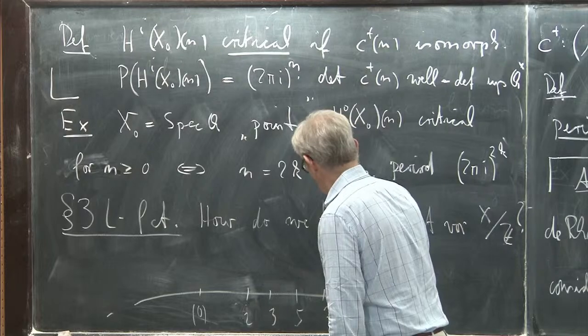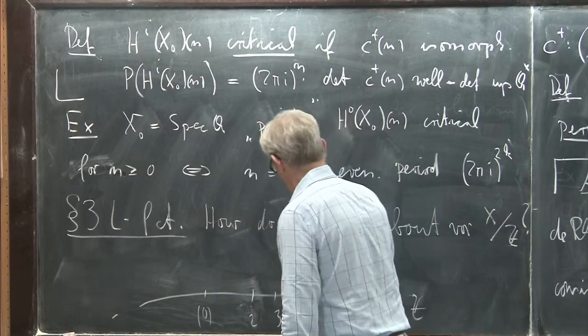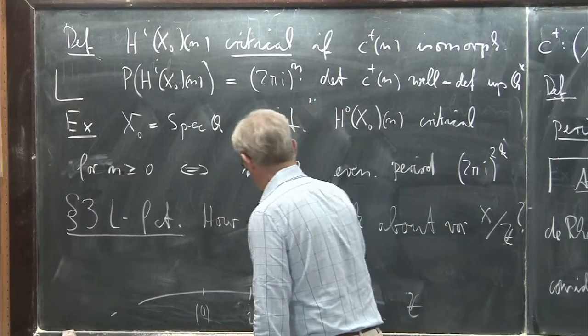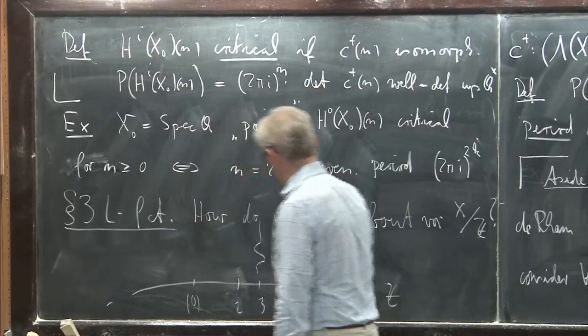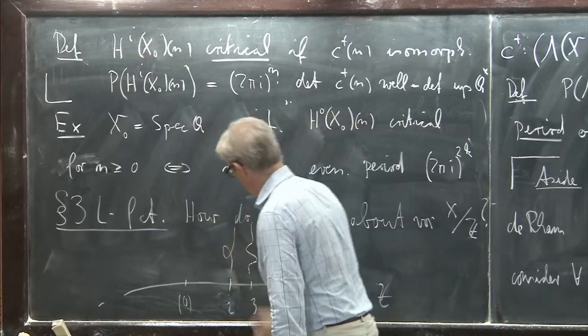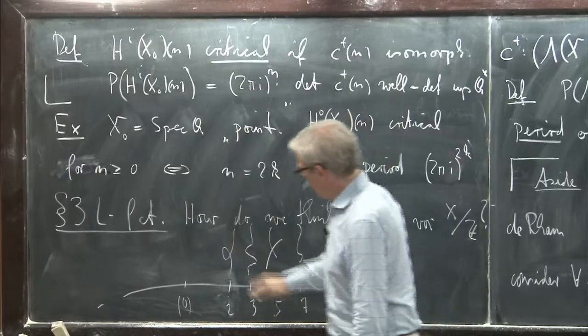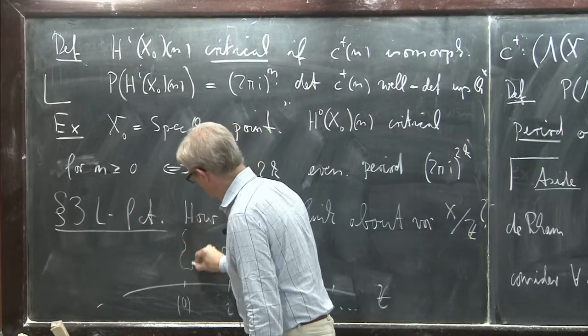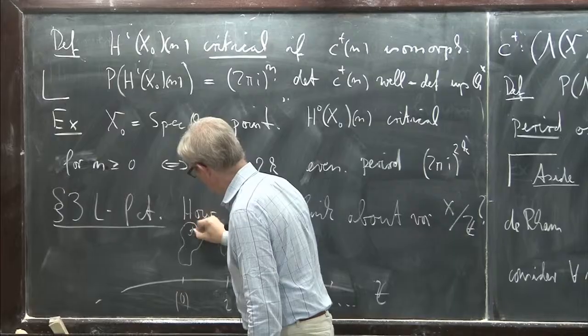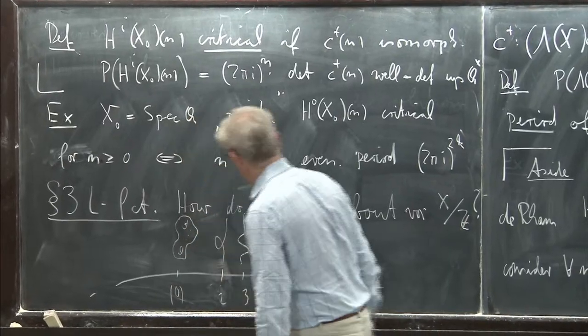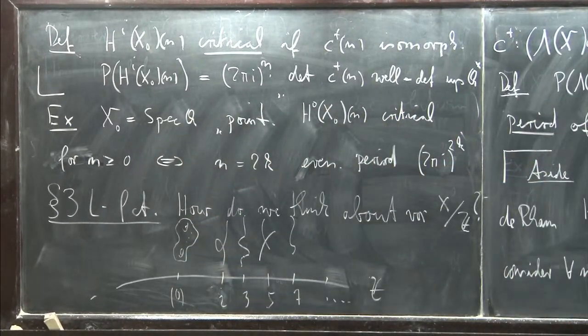So you have somehow a variety here. You have a more complicated variety here. You have something like this. Here you have maybe something like this. And here you should think of having something like a Riemann surface. That's how we think about this.